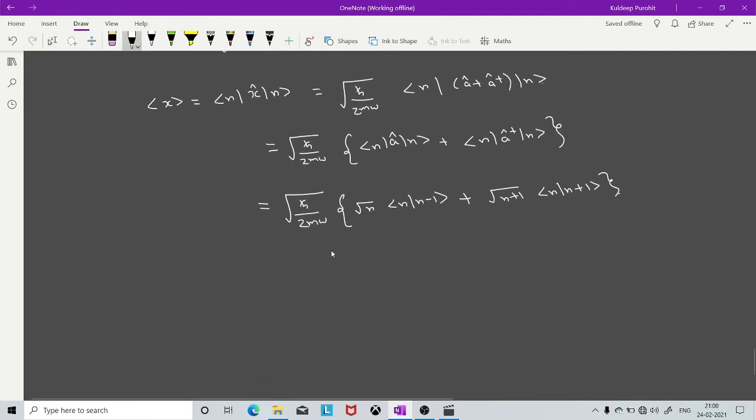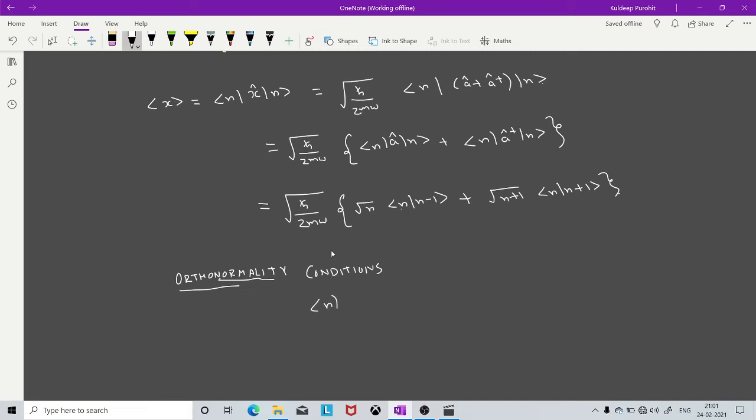And now you know that there is something like orthonormality relations or conditions. What the orthonormality condition says is that a state has to be normalized, and it should be orthogonal. This is basically an inner product.